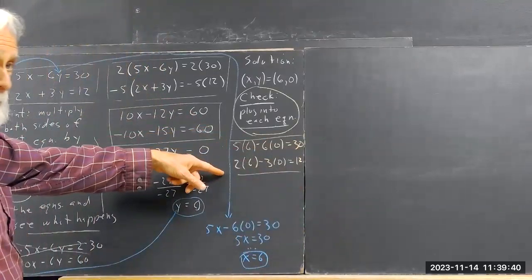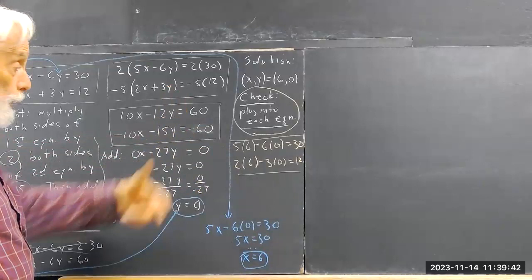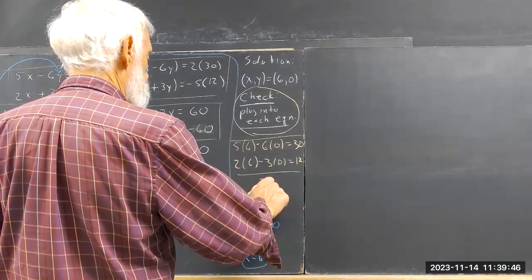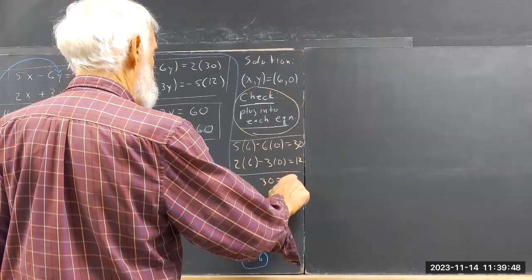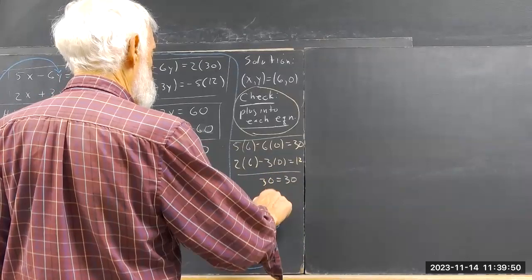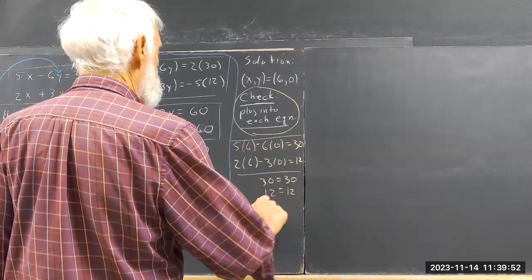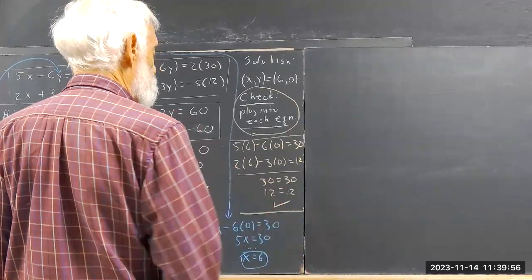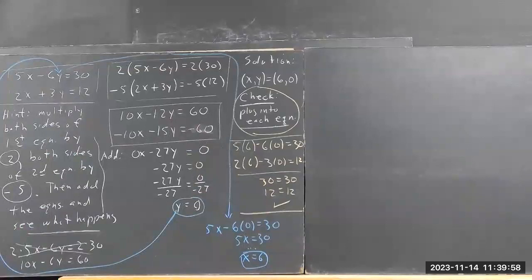If we do the arithmetic, we get 30 equals 30, 12 equals 12. That checks it. Okay?